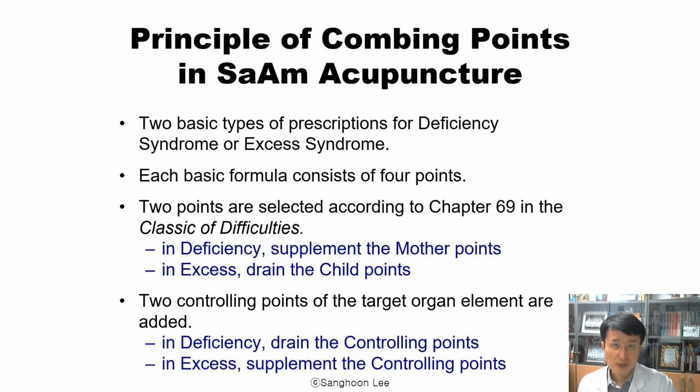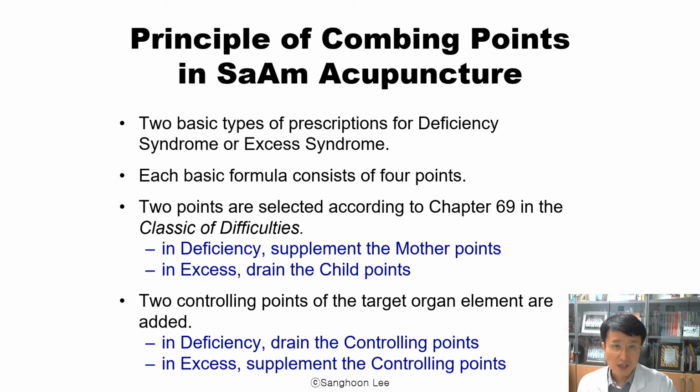The principle of combining 5 element points in SaAm acupuncture is as follows. Basically, there are two basic types of prescriptions, for deficiency syndrome or excess syndrome. Each basic formula consists of 4 points. 2 points are selected according to Chapter 69 in the Classic of Difficulties, also known as Nanjing.